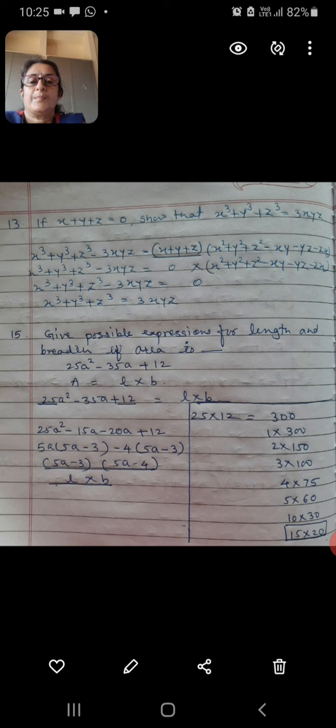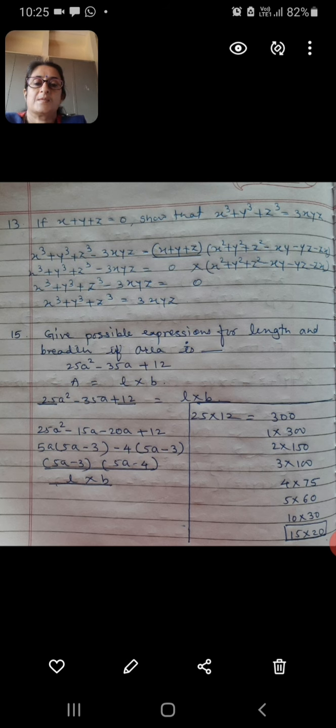So we will replace that into the first term. When you multiply that, you will get 0 as the right hand side. So from the left hand side, minus 3xyz, we are going to shift to the right hand side. When you shift it, we get the equation x cube plus y cube plus z cube is equal to 3xyz, and that is what we have to prove.